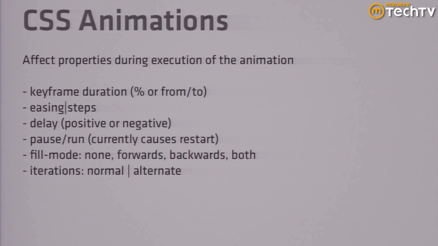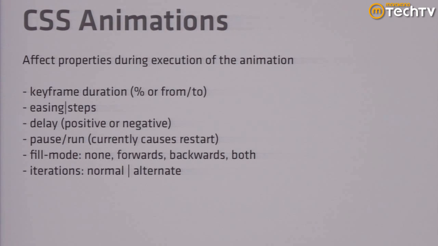What's the easing or the steps that I'm going to use for each section of the animation? Is there a delay? It can be either positive, meaning delay 5 seconds before you start this animation, or it can be negative, meaning behave as if this animation had started 3 seconds ago. Jump in at 3 seconds and go forward. Pause run is a property you can set. It's pretty buggy. I wouldn't use it.